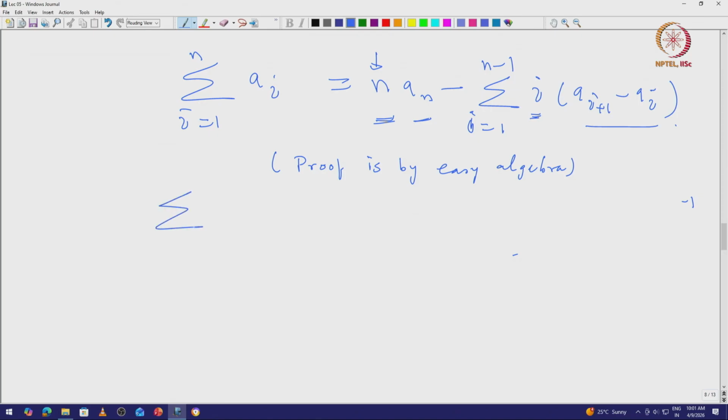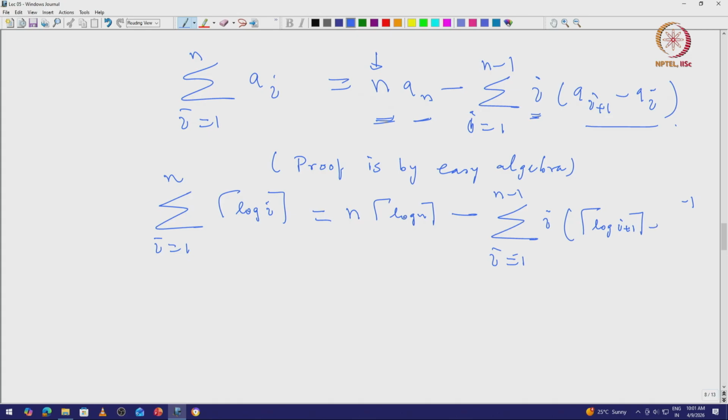How are we going to apply? Sigma i equals 1 to n of ceil log i. This is same as n ceil log n minus sigma i going from 1 to n minus 1 of i times (ceil log (i plus 1) minus ceil log i).